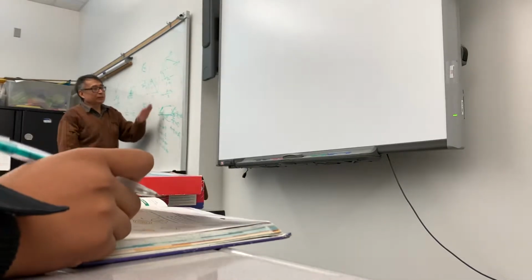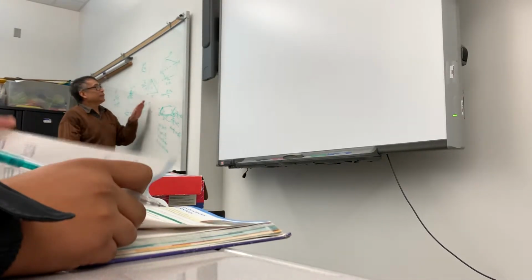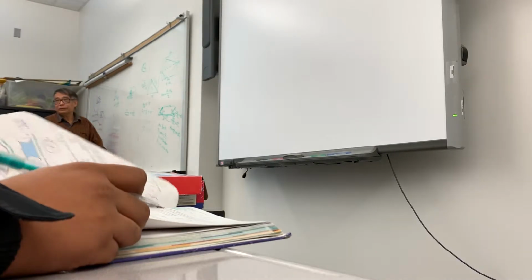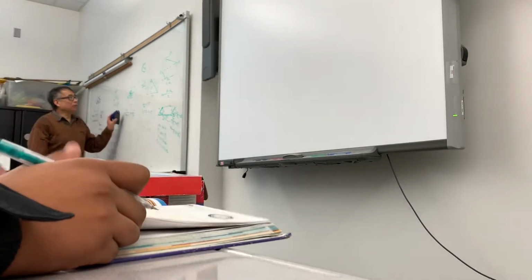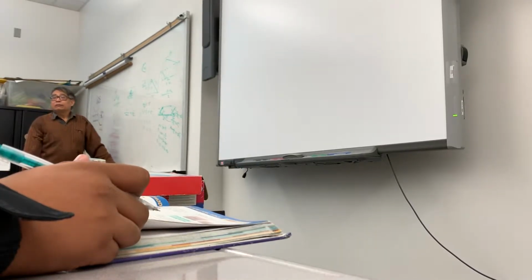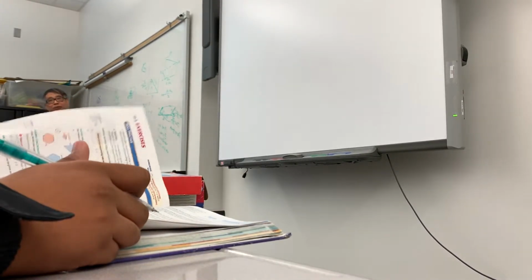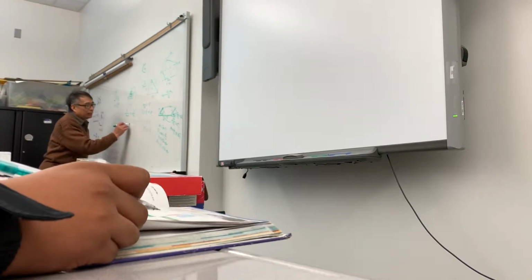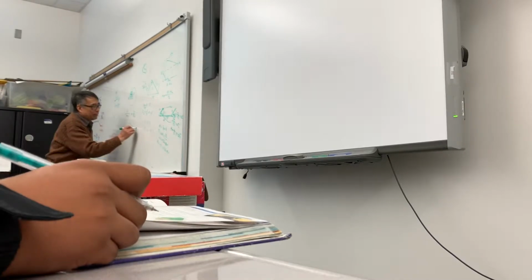The kite, parallelograms, and rectangles, we need to know. The last part is maybe tricky for some students: similar triangles, similar polygons, similar figures. For instance, we have a triangle and another triangle.